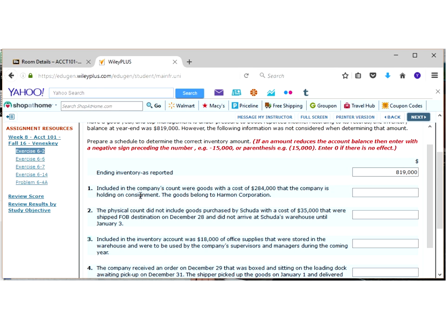Now, when I think of consignment, I like to think of a gas station selling newspapers. The gas station sells, say, USA Today. The gas station does not own those USA Today papers. They're simply selling them as a convenience for USA Today.